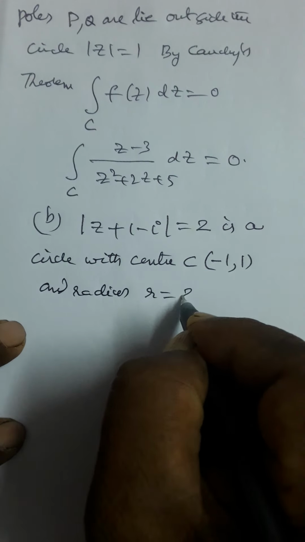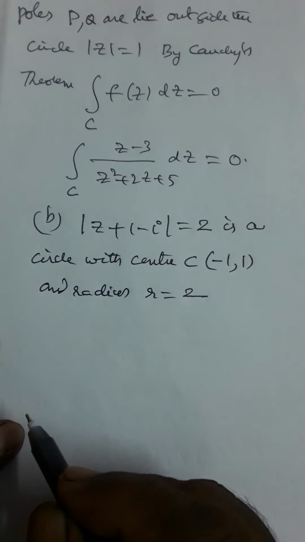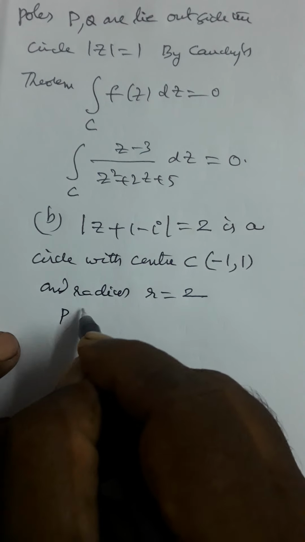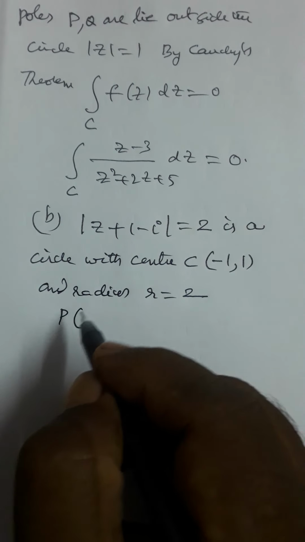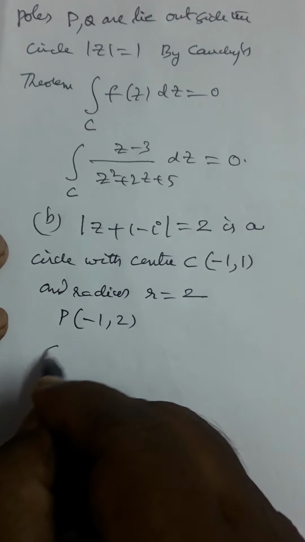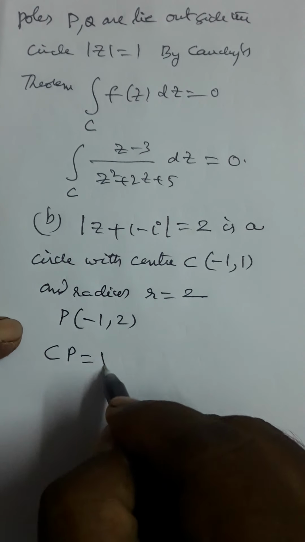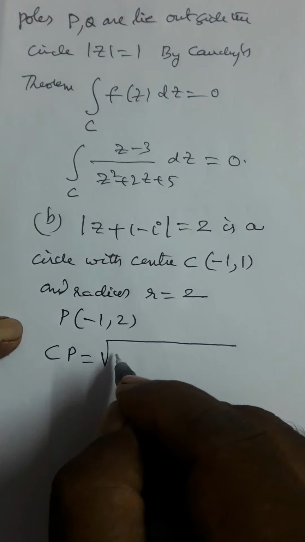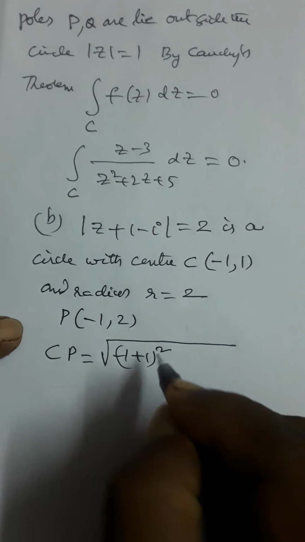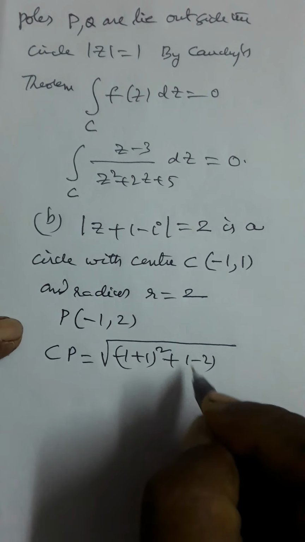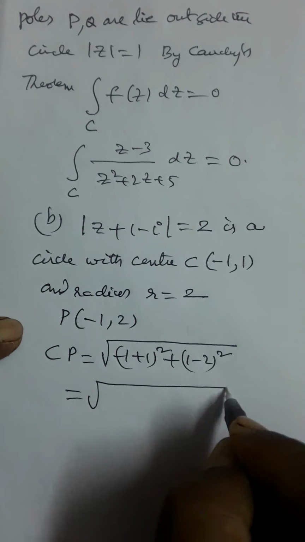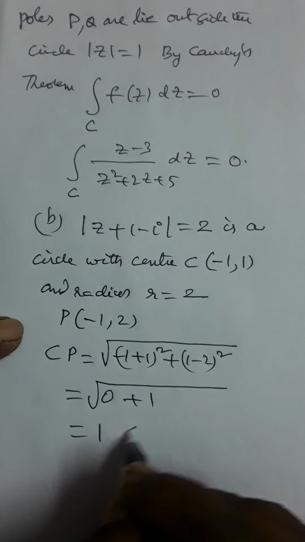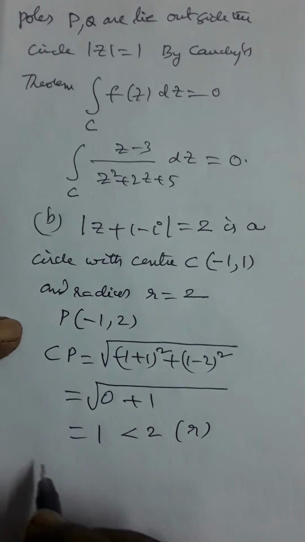Radius r is equal to 2. Now consider point P (minus 1, 2). Find CP: root of (minus 1 plus 1) whole square plus (1 minus 2) whole square, root of 0 plus 1, which is 1, less than 2, that is less than r.